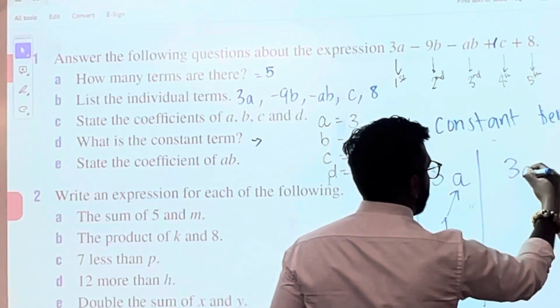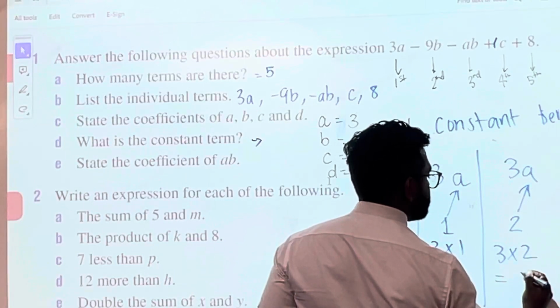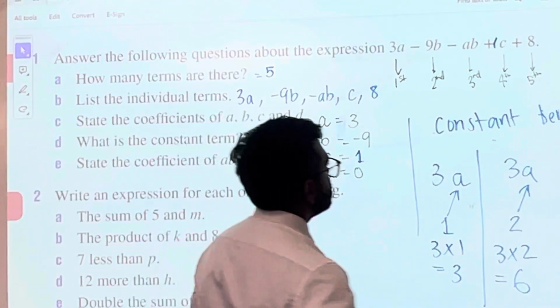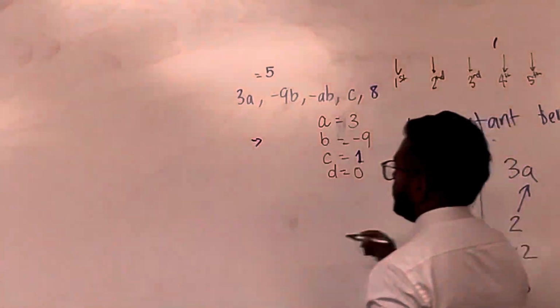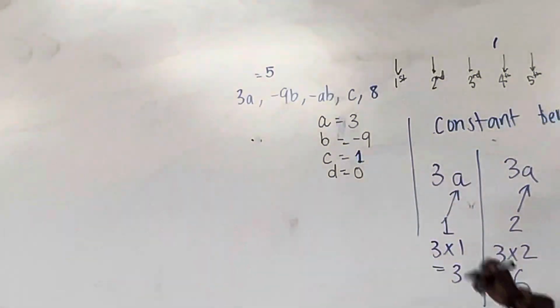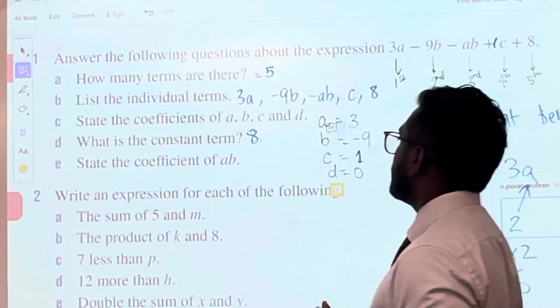Now if I said 3a again and I put in here 2, what's that going to be? 3 times 2 is 6. In this scenario, what is a term that never changes? It's actually 8. So 8 is the constant term because it's always going to be 8. It's never going to change.